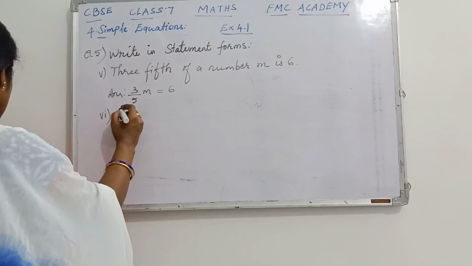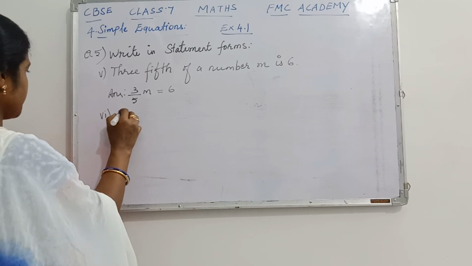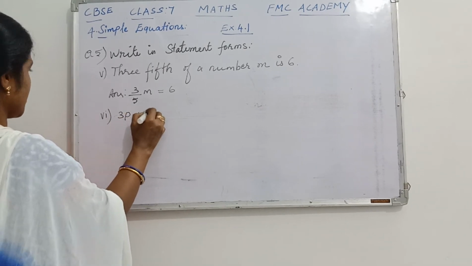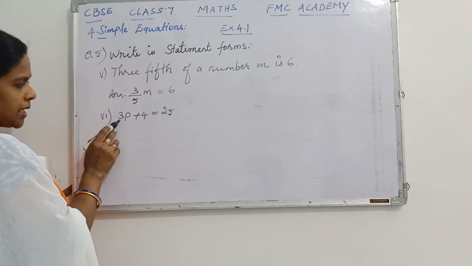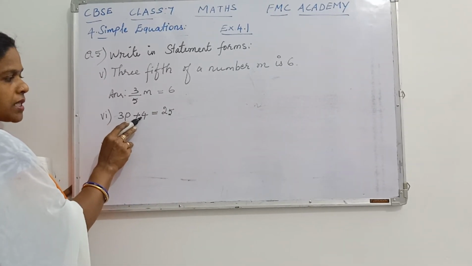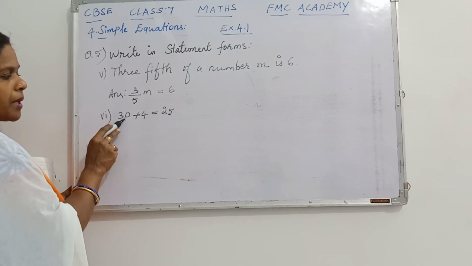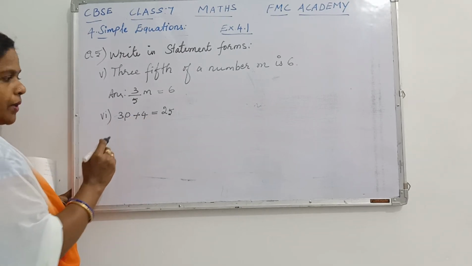Question number 6 now. 3p plus 4 is equal to 25. So just see here, 4 is added with 3 times a number p gives you 25.